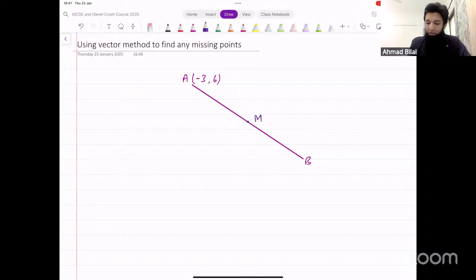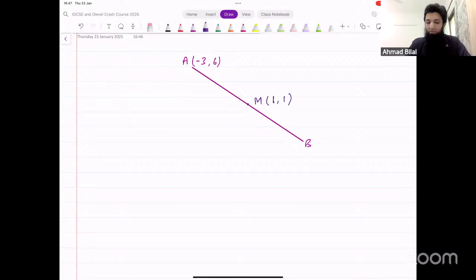I know the coordinates of the point M. Let's say these coordinates are 1 and 1. And what I need to do is I want to find out the coordinates of the point B.